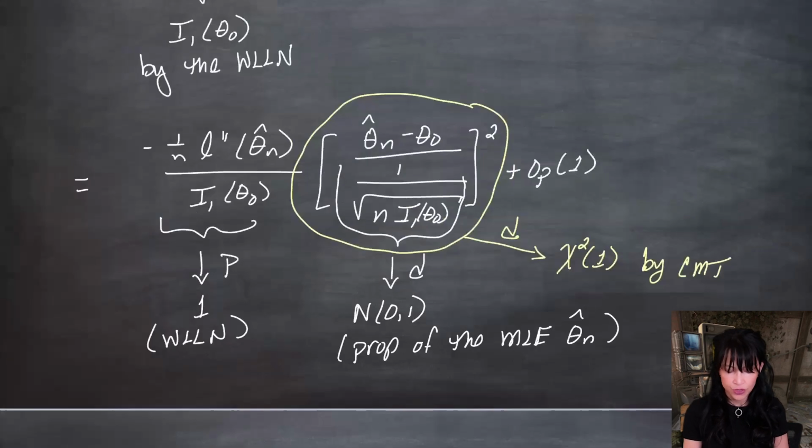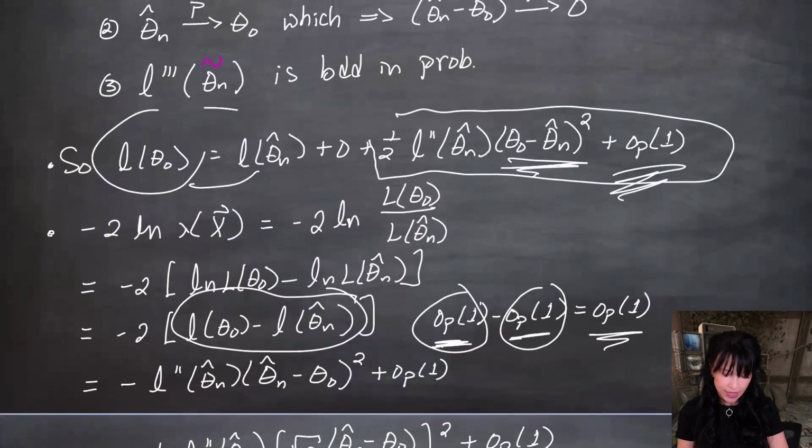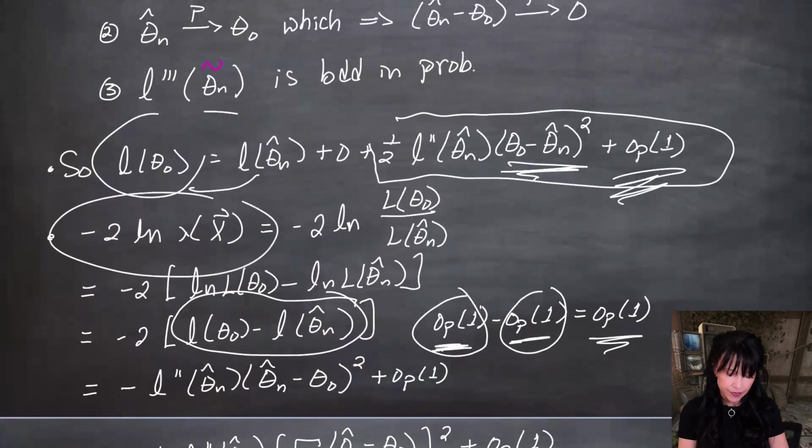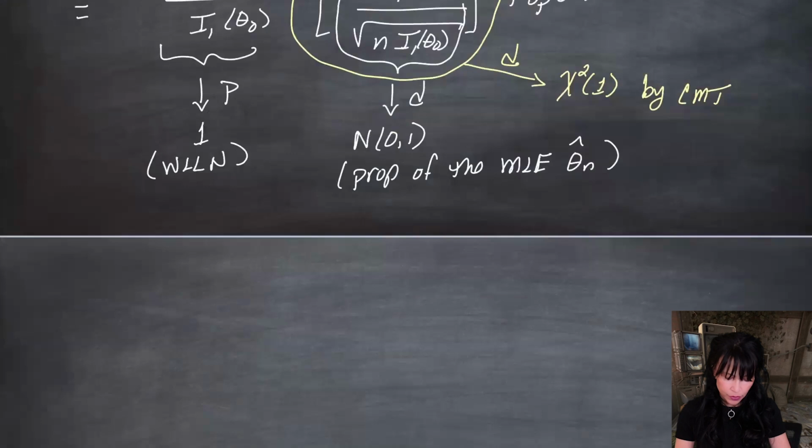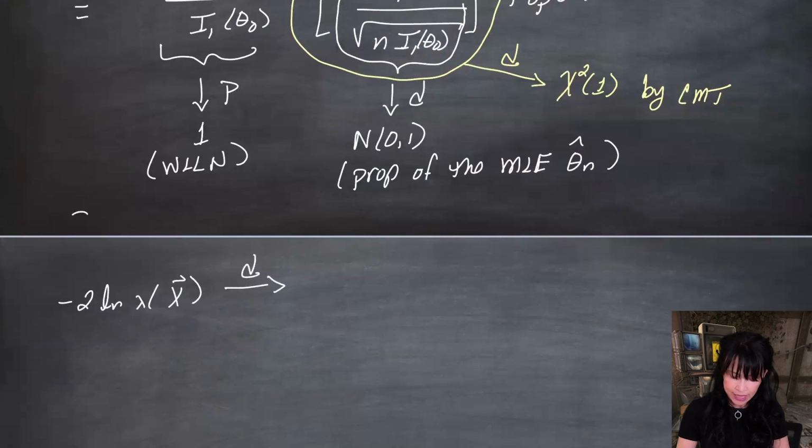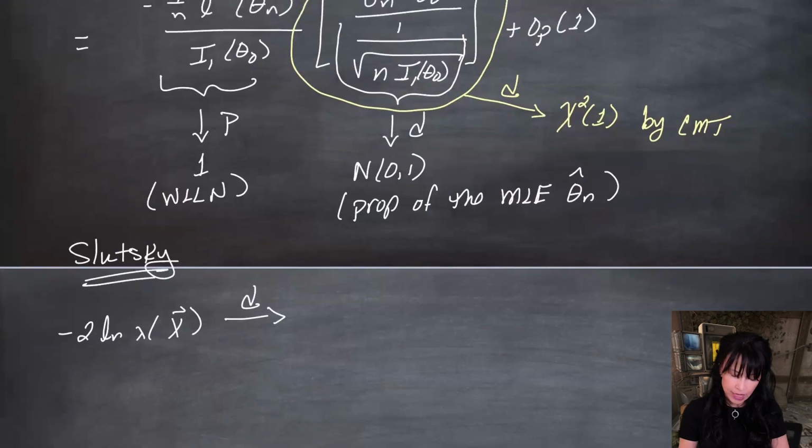So to conclude, all of this came from this expression. We've got -2 times the log of the generalized likelihood ratio converging in the weaker sense, this is Slutsky's theorem, to 1 times this chi-squared, I'll write it as a W, plus a 0.